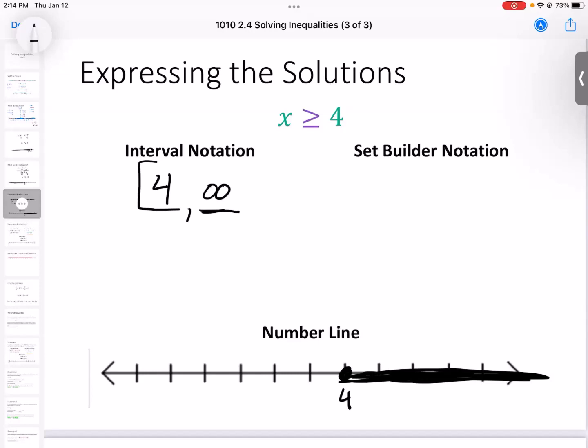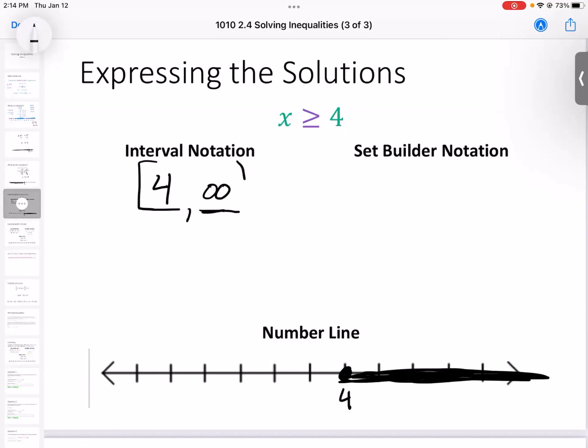So round brackets are kind of like open circles on the number line. Square brackets are like closed circles. And infinity actually isn't a number. Infinity is the idea of something going on forever. And since this isn't a number, you can't plug it in and say, oh, infinity is greater than or equal to 2, because infinity isn't even a number.